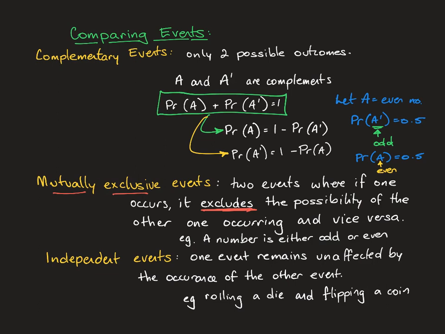So complementary events are mutually exclusive events. So we can go back up here and write that complementary events are also mutually exclusive events. But not all mutually exclusive events are complementary events. Let me show you.